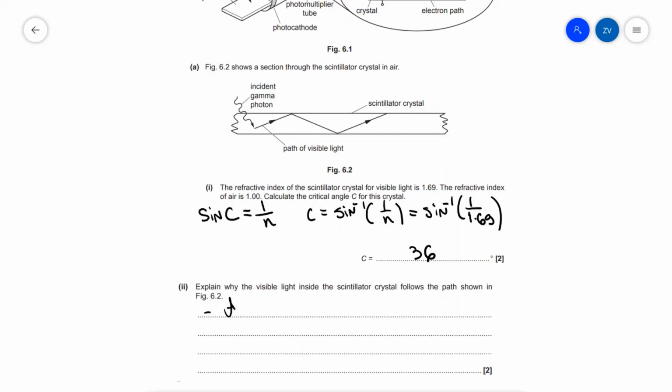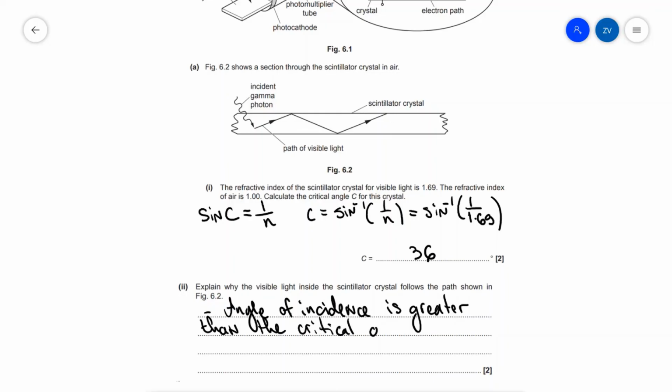Our angle of incidence is greater than the critical angle, and that means that total internal reflection occurs.